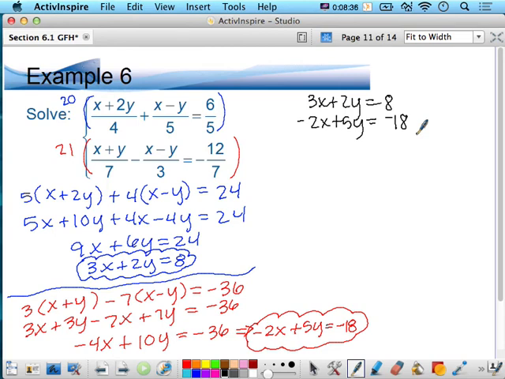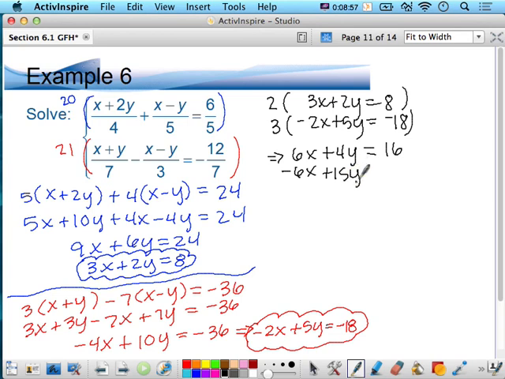So let's multiply the top by 2 and the bottom by positive 3. And that gives us positive 6x plus 4y has to equal 16. And negative 6x plus 15y must equal negative 54. No. Wait. Was I wrong? Negative 54. No, you're right.